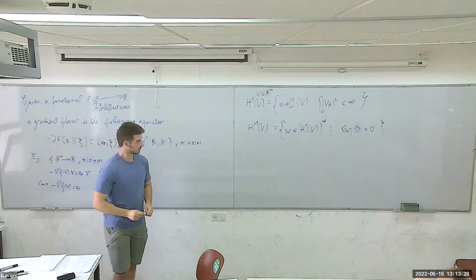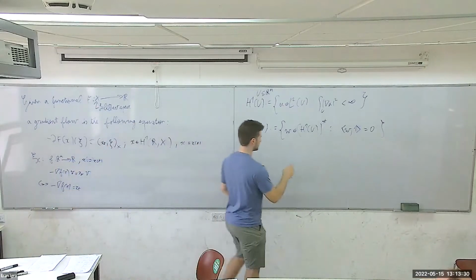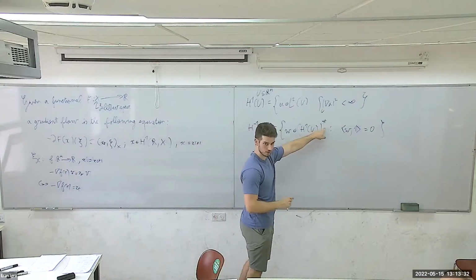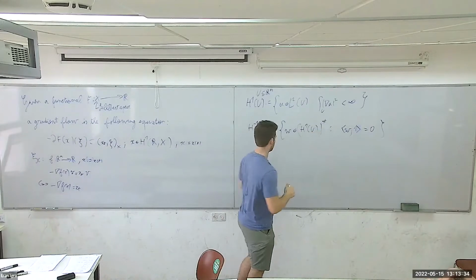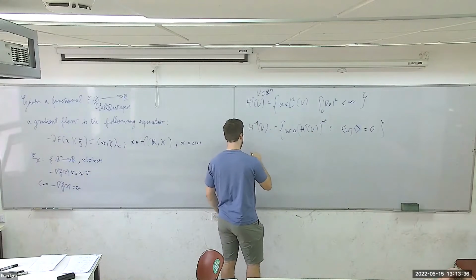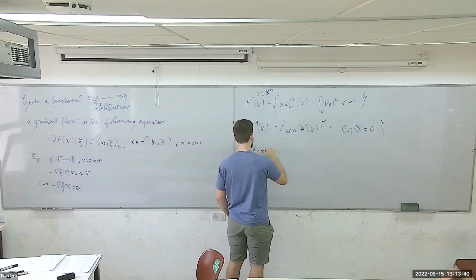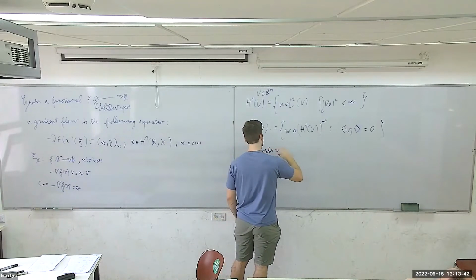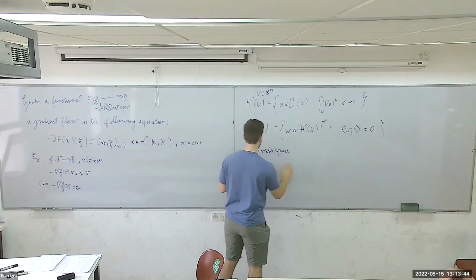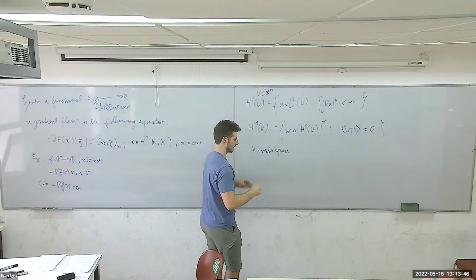Sorry? You want me to define the whole space? Yeah, so you got a vector space, V. Okay, so V is a vector space, and it can be infinite dimensional. It can be a Banach space or a Hilbert space.